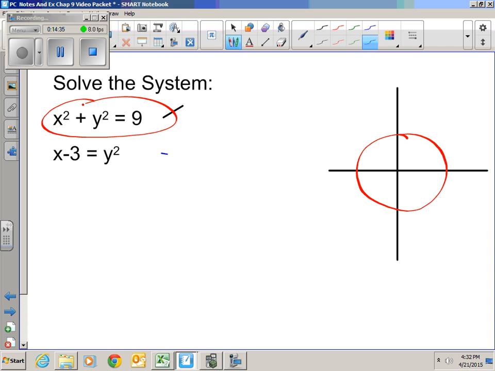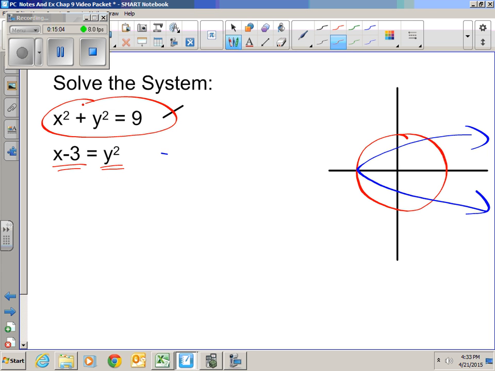It's a sideways parabola with a vertex somewhere off to the left. I'm going to guess something like this. And if I'm wrong, don't worry about it, but let's see what happens. There might be up to 3 answers here. So to solve this, I think I'm going to do this actually by substitution. I already have it solved right here.